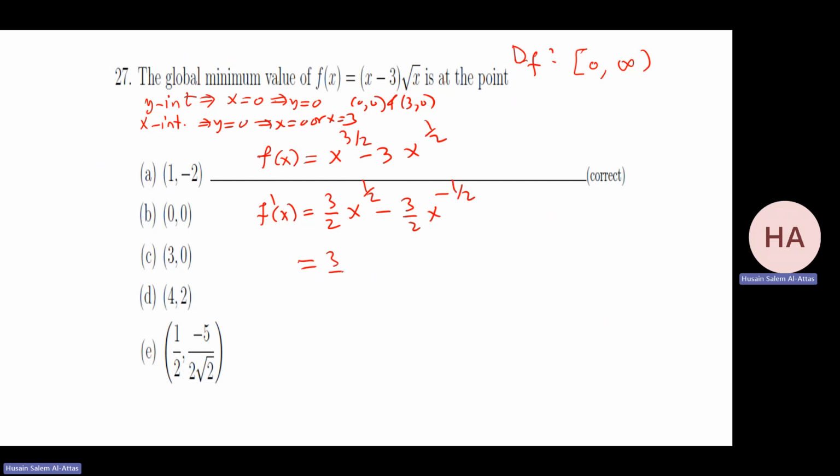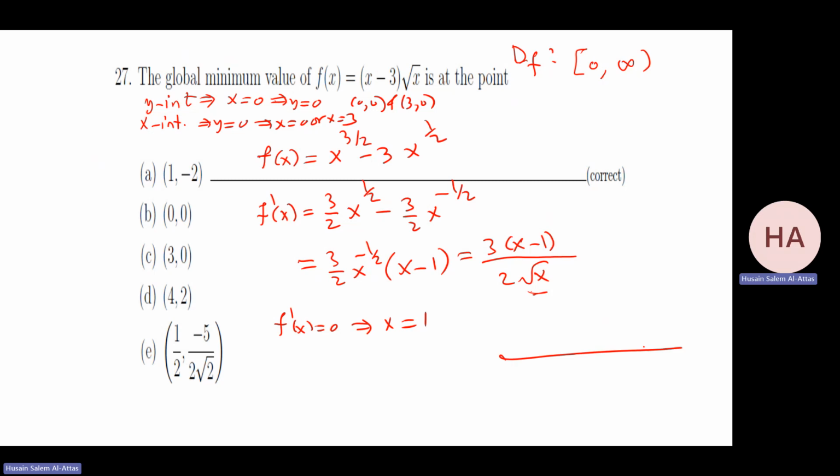So I have 3 over 2 x to the minus half times x minus 1, which is 3 times (x minus 1) over 2 times square root of x. Okay. So f prime equals 0 implies x equals 1. F prime does not exist at x equals 0, which is the endpoint, so no need to be bothered.